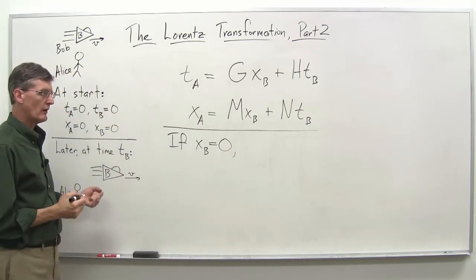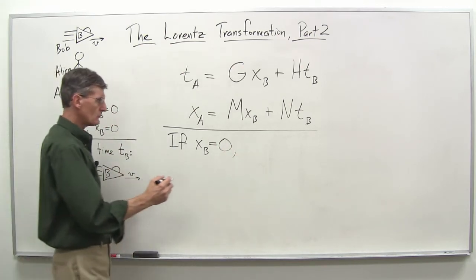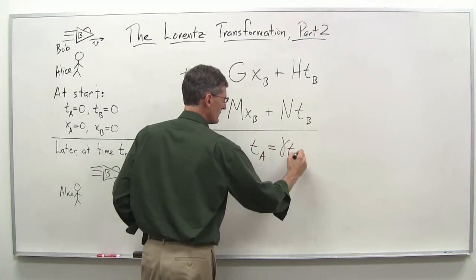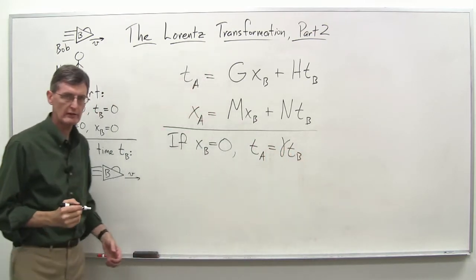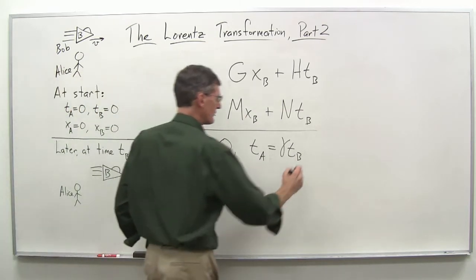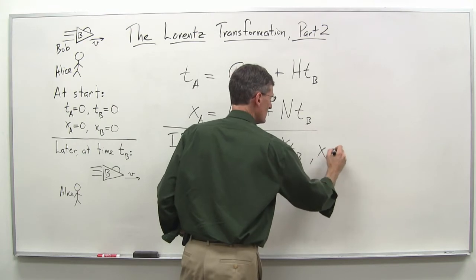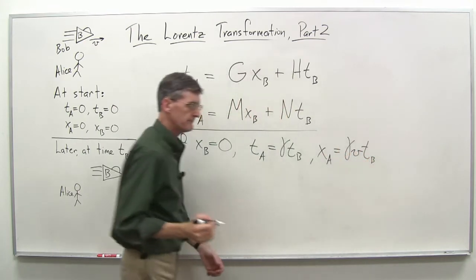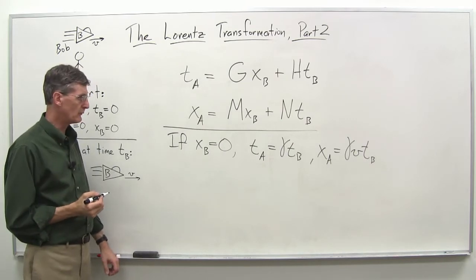From part 1, we know if XB equals 0, TA equals gamma TB, our basic time dilation equation for that special case, and XA equals gamma V TB. Those were the two equations we came up with.